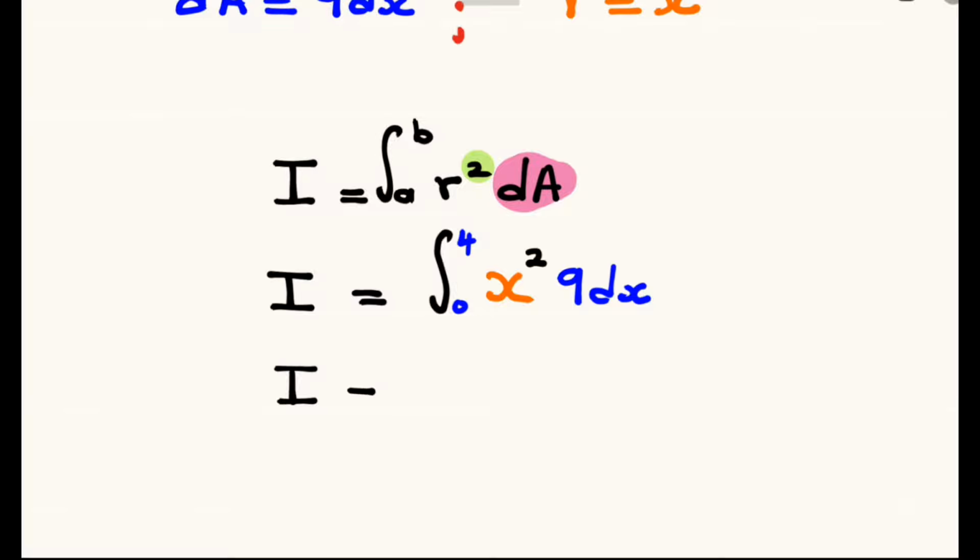Our I will be equal, we can take that 9 out of the integral because it won't affect the integration process.